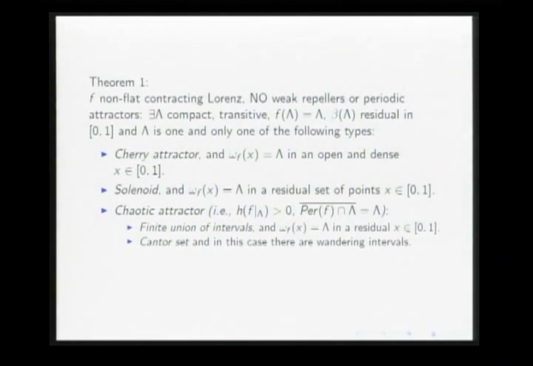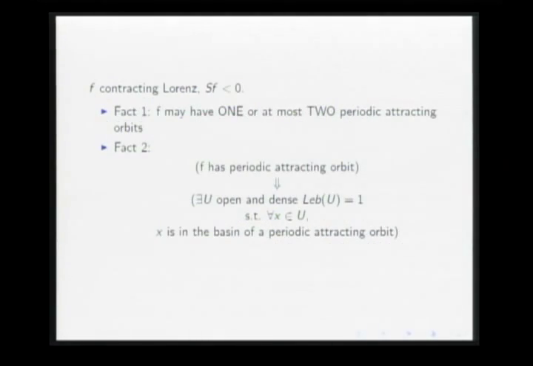Remembering we are considering contracting Lorenz maps as being C2. But if we consider them to be C3 and negative Schwarzian derivative, then two facts we have. Fact one is the following: it is Singer's theorem for Lorenz maps.